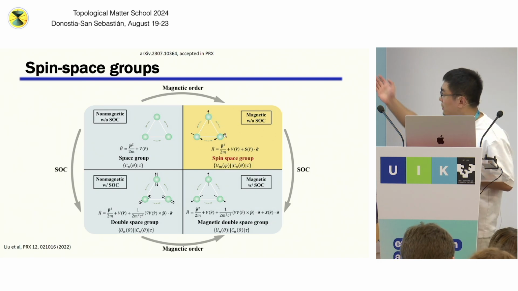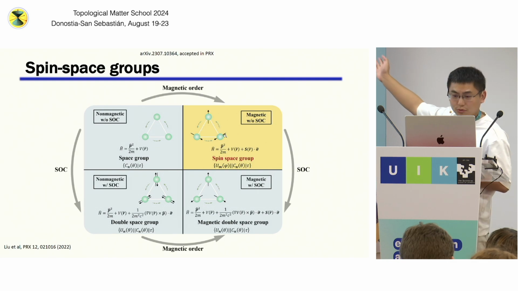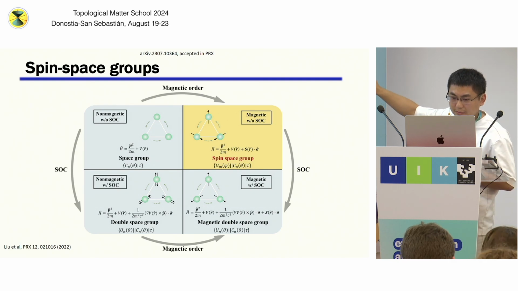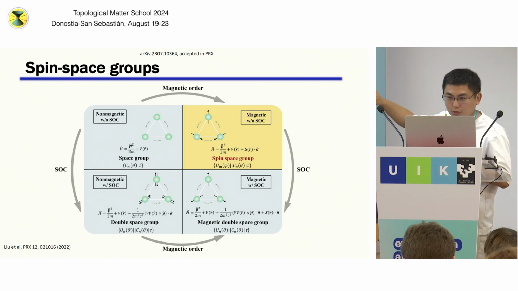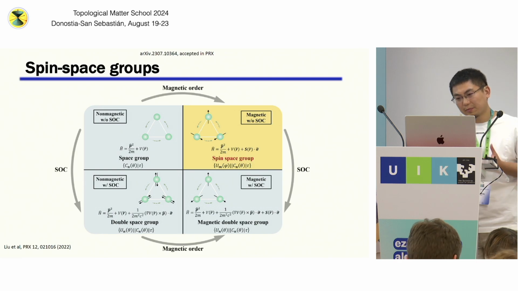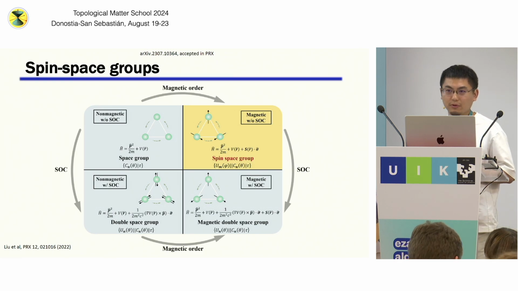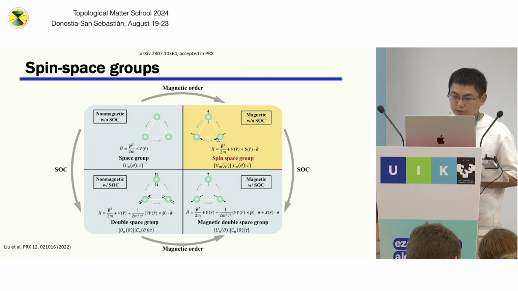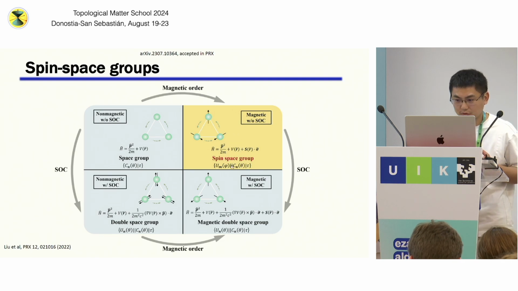For example, when we rotate the atom by 2π/3, we rotate the spin by minus 2π/3. This would not be a symmetry if the spin-orbit coupling is considered. But as long as spin-orbit coupling plays a minor role, or is a perturbation, we could treat this as a symmetry. We call this spin space symmetry.